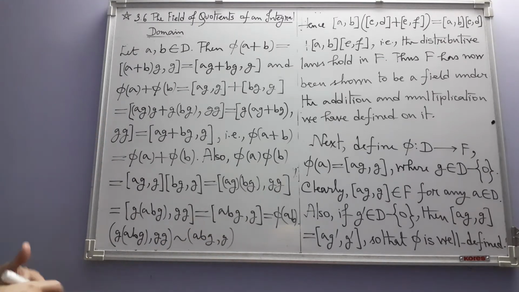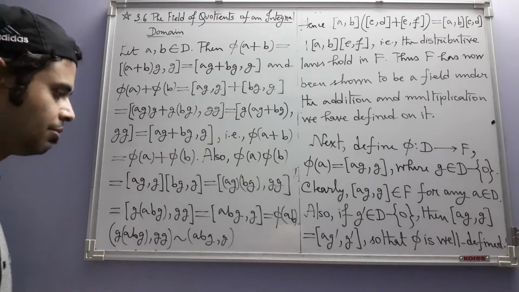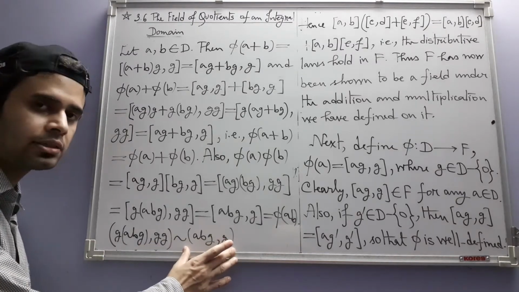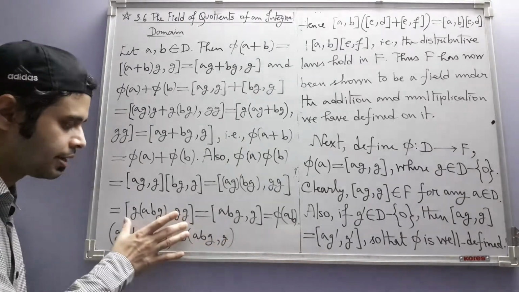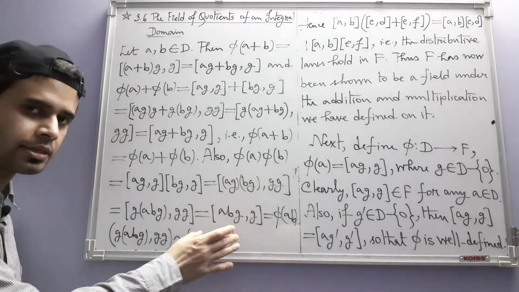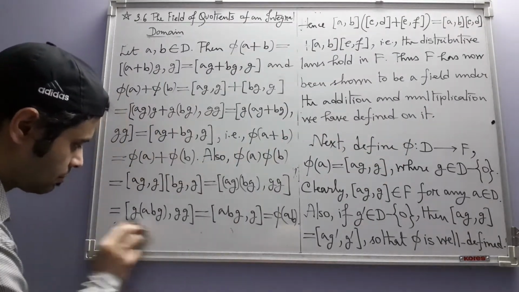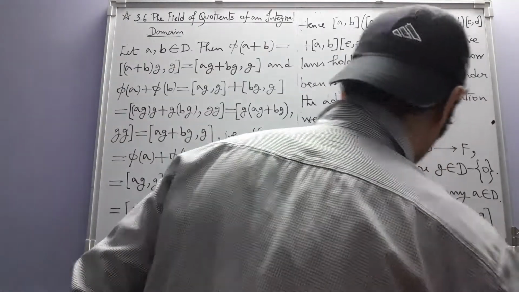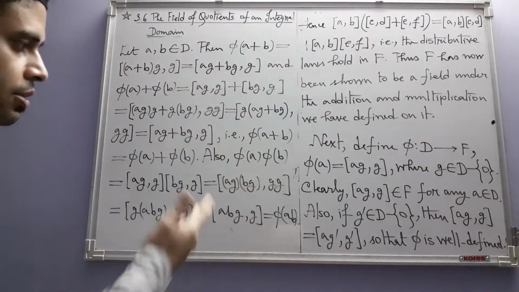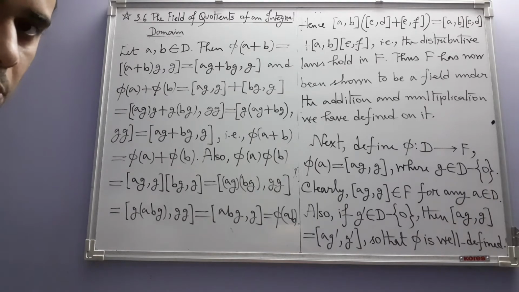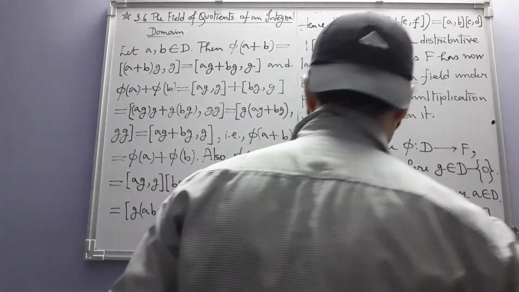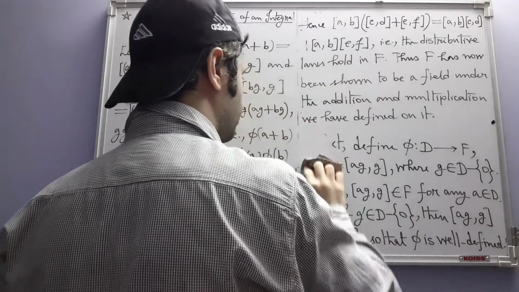You will see that they are equal. That will tell you that these two ordered pairs are related, and hence the corresponding equivalence classes are equal. Okay, so phi respects addition and multiplication, so it's a ring homomorphism. Now that's what we are going to write now.